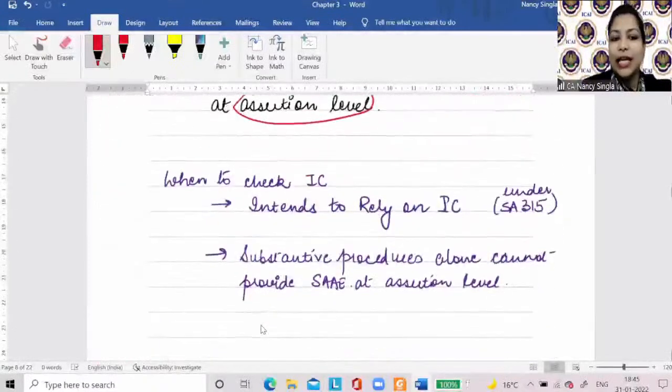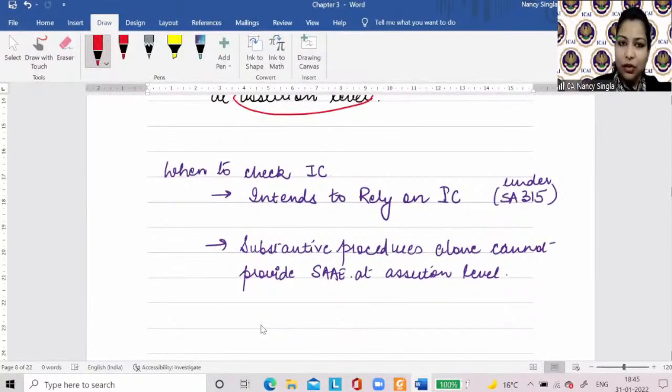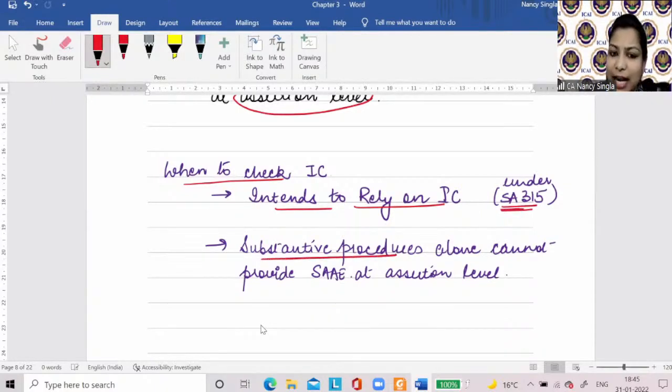So when to check IC, we will have a look at the module once we cover this topic. But we check IC when the auditor intends to rely on IC, and where does the auditor assess such a thing? Under SA 315. And substantive procedures alone cannot provide sufficient appropriate audit evidence. Now you all should know that audit evidence is always what? Sufficient and appropriate at assertion level.